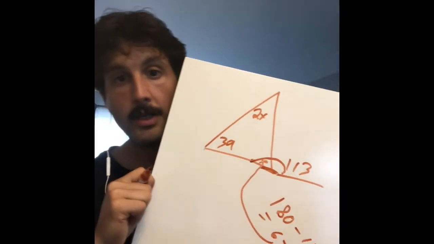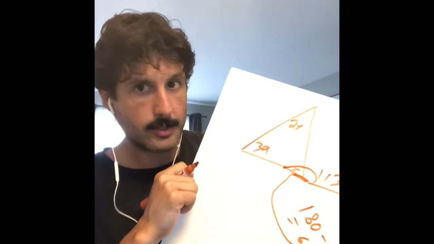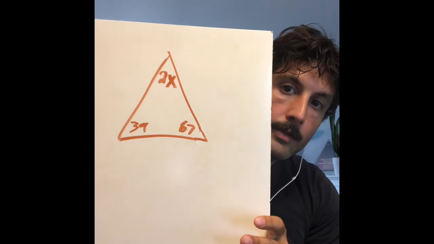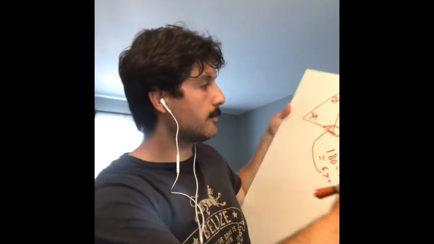So now you can either rewrite the triangle or just continue. I'm just going to rewrite it for you. So now we have a triangle that is 67, 39, and 2x. 180 degrees for interior angles of a triangle.